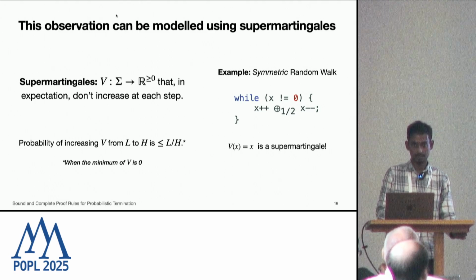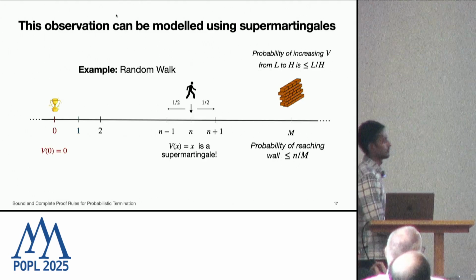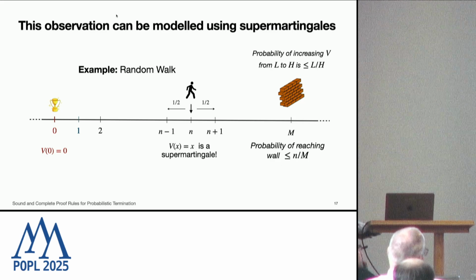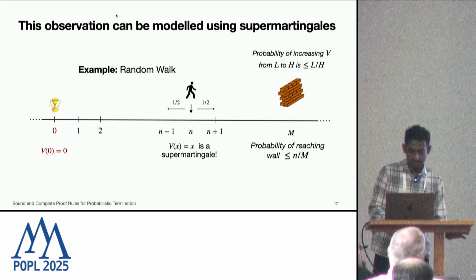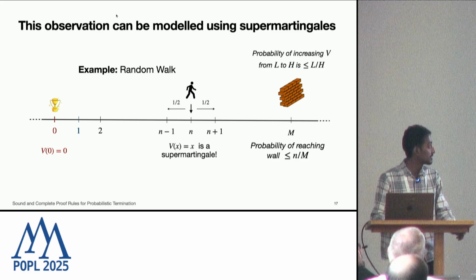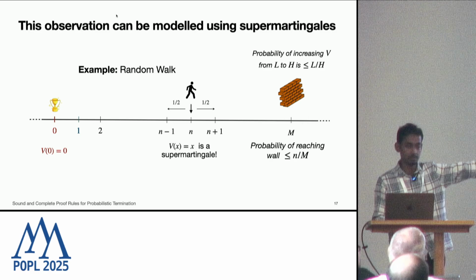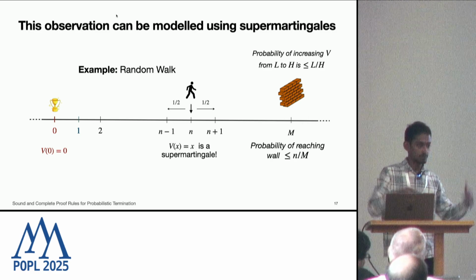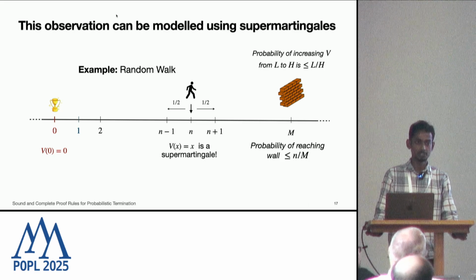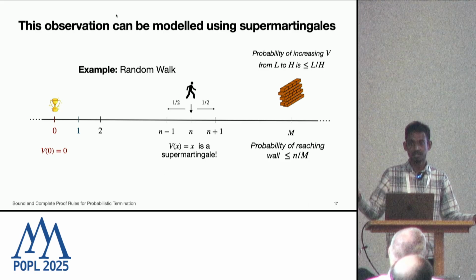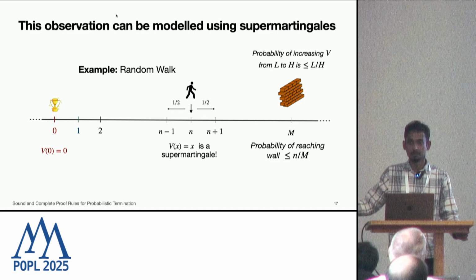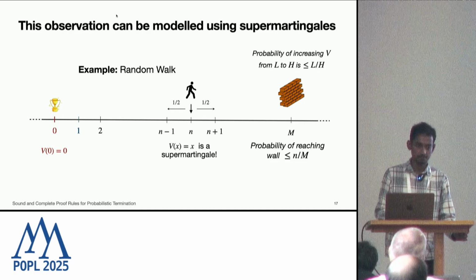To make it a bit clearer, in the case of the walled-off random walker, the supermartingale shows that the probability with which you reach the wall is less than n over m, meaning that for an epsilon, all you have to do is find a value of m so that n over m is less than epsilon. And since m is not bounded, we can definitely always do that.